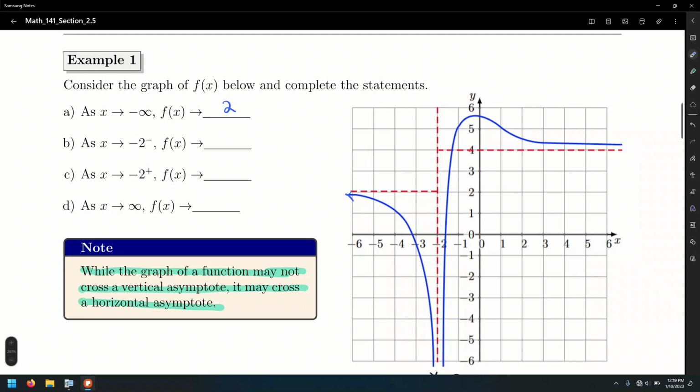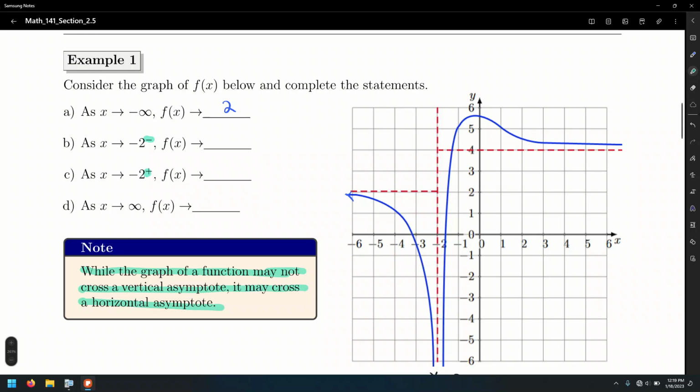Now let's focus on the value of negative 2. In this case, we are going to approach negative 2, however, this superscript, a negative sign at the top of the number like an exponent, means that we approach from the left, in the same way that the plus means that we approach from the right.